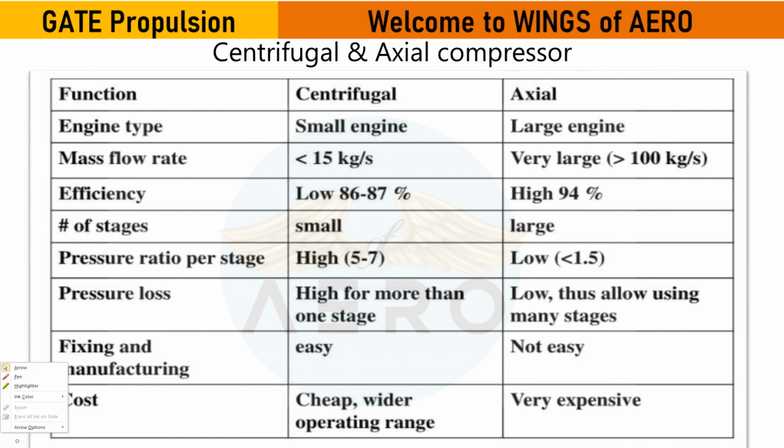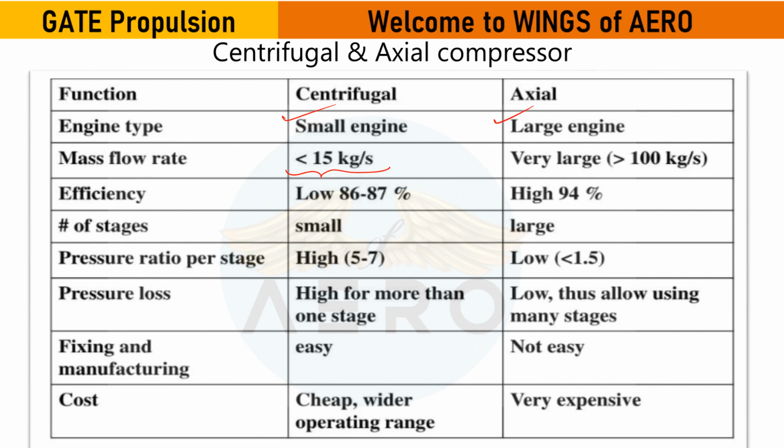So first, the centrifugal compressor is usually implemented for small engines, which we have already seen in the introductory part of the centrifugal. Axial is for large engines. That's why most heavy vehicles like transport, cargo and fighter aircraft prefer an axial compressor. For small aircraft they use the centrifugal one. But looking into the mass flow rate, these are the optimum ranges, or you can say operating mass flow rate.